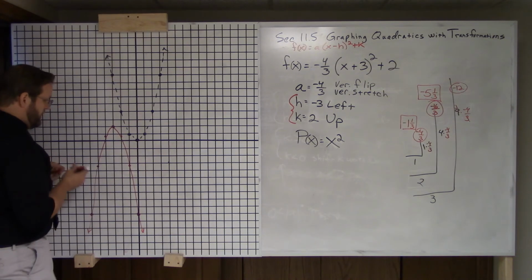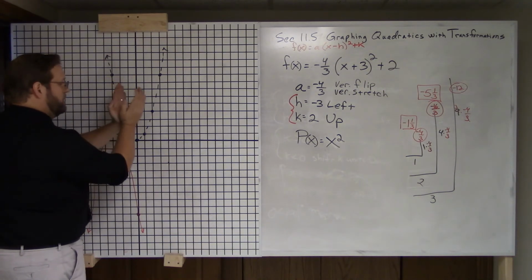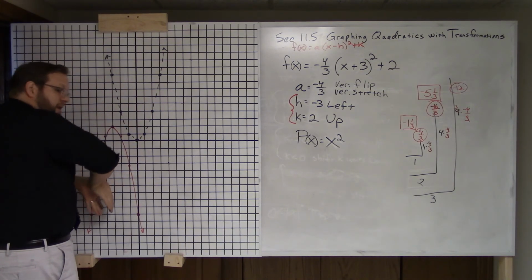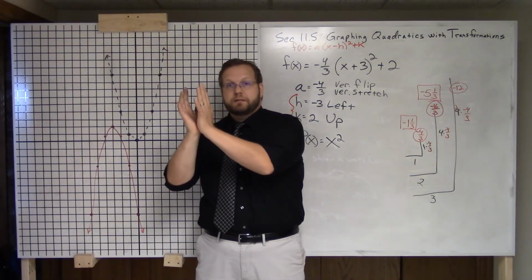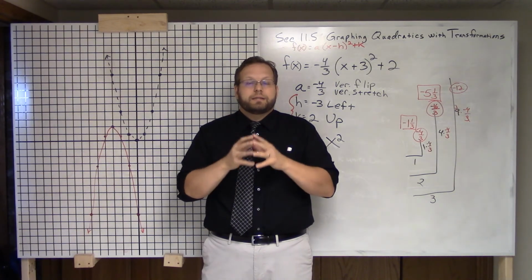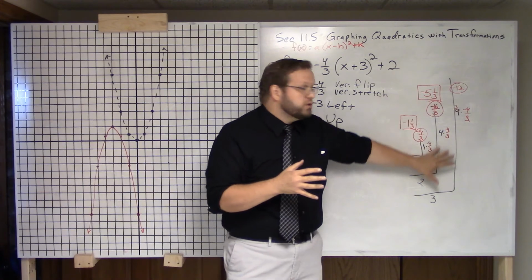And then what I did was I took the original, I shifted it 3 left, I flipped it down, and then I stretched it. So original, I went 3 left, flip it, stretch. Okay? So again, there's not much going on here, especially when you start stretching and compressing.